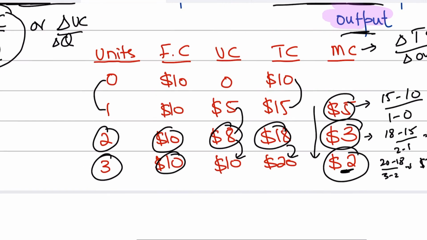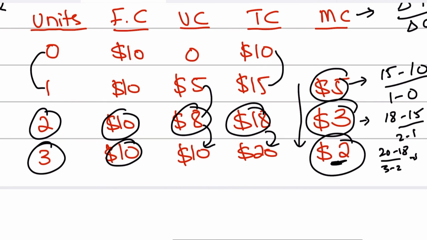Because what you see here is, let's suppose when the number of units goes from 1 to 2, you produce an extra unit, right? The variable cost on producing one unit was $5. The variable cost on producing 2 units in total is $8. So the extra variable cost that you have incurred is $3.